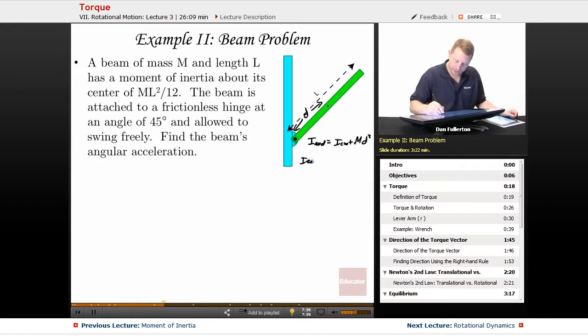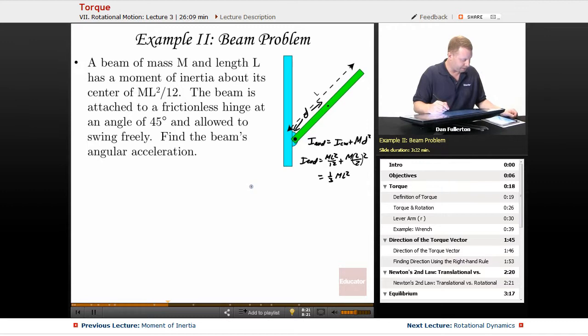So that's going to be mL squared over 12 plus m, where d is L over 2, squared. Put that together and I end up with 1/3 mL squared. So that's the moment of inertia in the current configuration we have for our beam here.